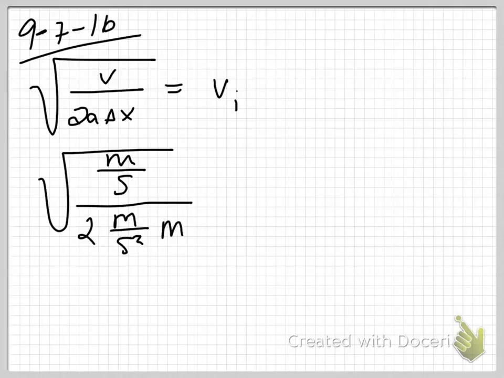Meters. And this whole thing, so sometimes I do that to remind myself I'm multiplying that times the entire fraction on the bottom. That whole thing is equal to velocity, which is going to be in what units? Meters per second. Okay.